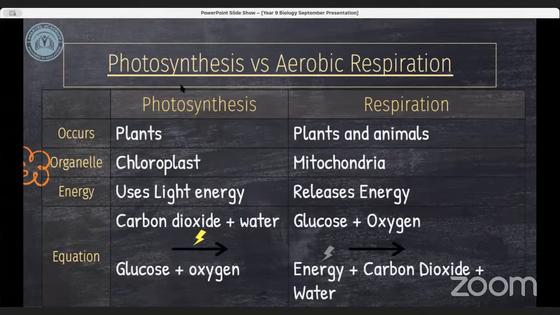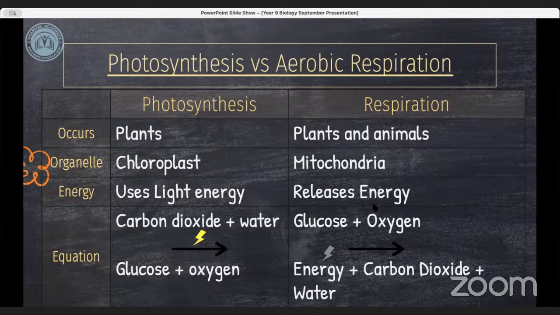Photosynthesis only uses the chloroplast because it is involved in that. And then respiration, what is the organelle involved? Mitochondria. Got it. And energy, what energy do they use here? Light energy. Uses light energy.